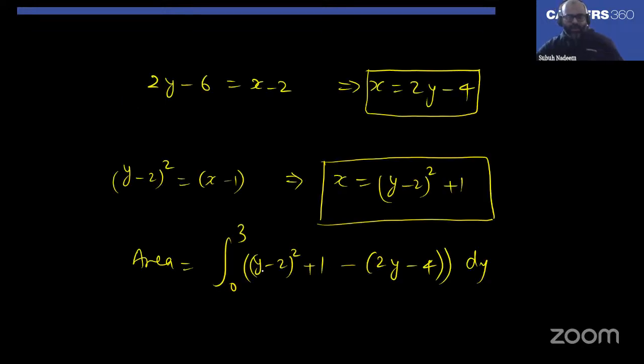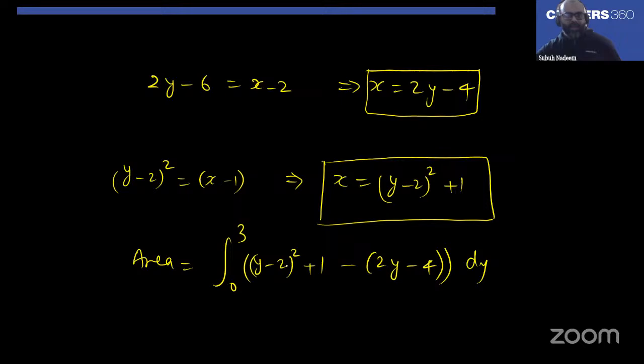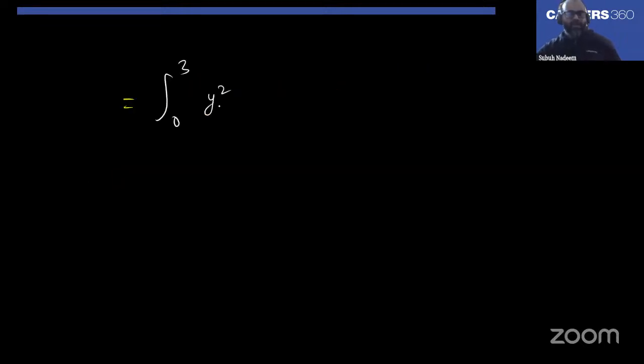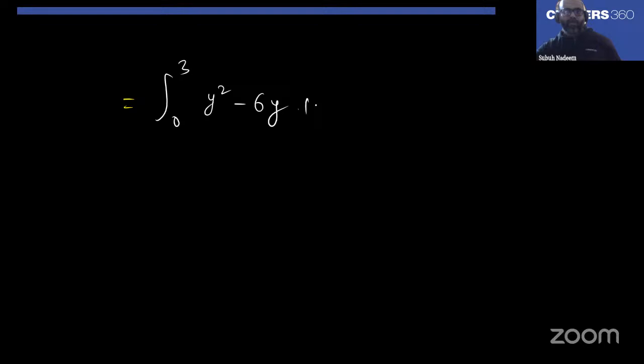You can open this square, it will become y square here. And what else we are getting? Minus 4y. And here minus 2y is there, so it will become minus 6y. And then plus 4 and then plus 1. That will be 5, and 5 plus 4, 9, dy.